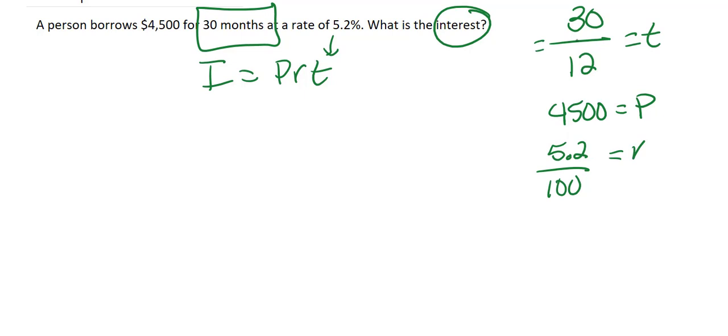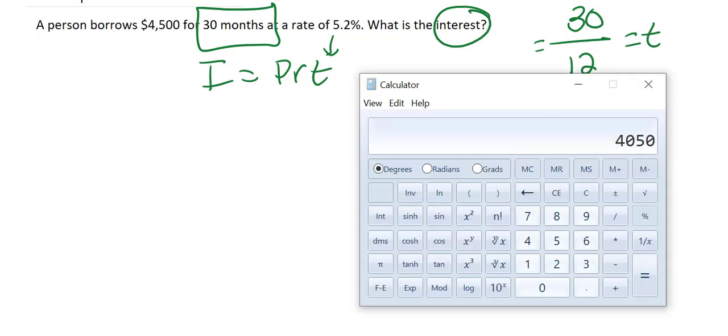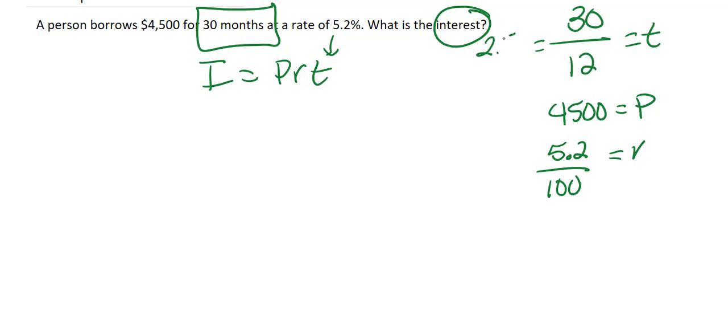So what's 30 divided by 12? Right, so this will make it a little bit easier. 30 divided by 12 is 2.5. Then we have 5.2 divided by 100. Well, we're just going to move the decimal over to the left twice. So we're left with that. So our time is here, right?